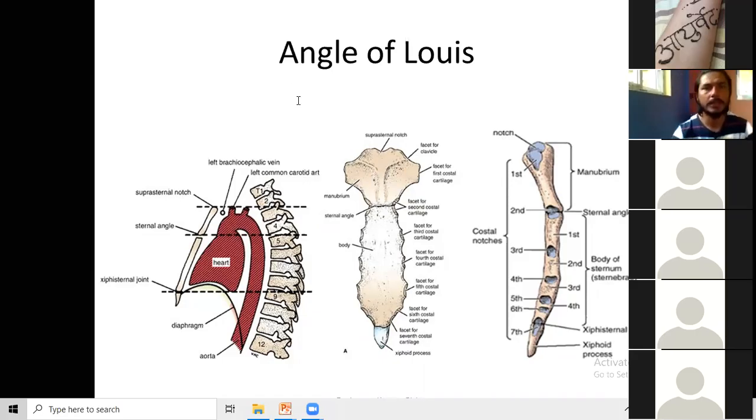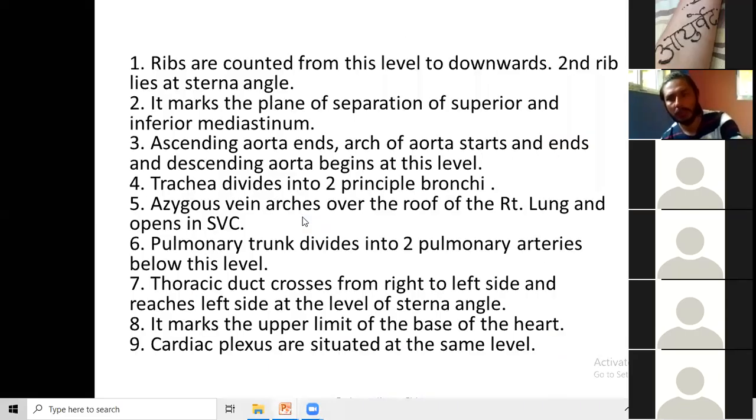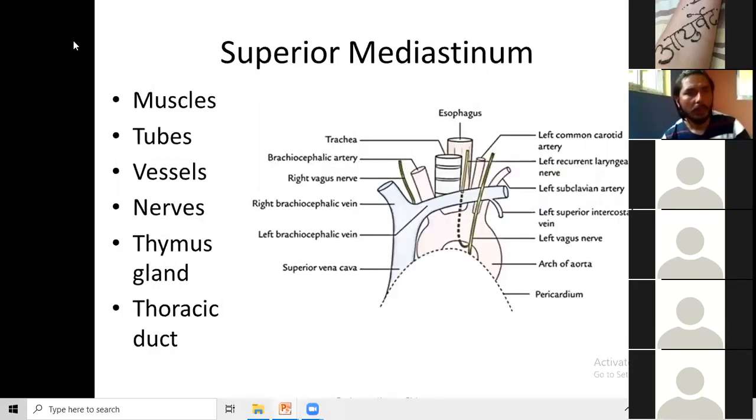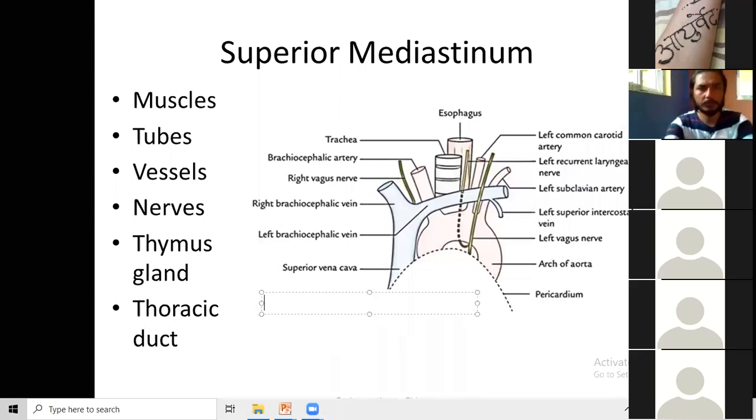Now we'll see the contents. What are the structures you will find in the superior mediastinum? We can classify the contents.